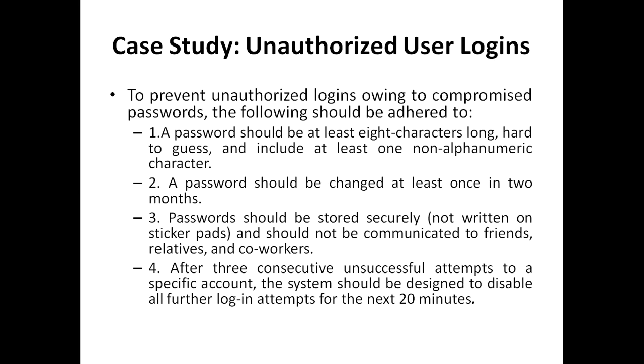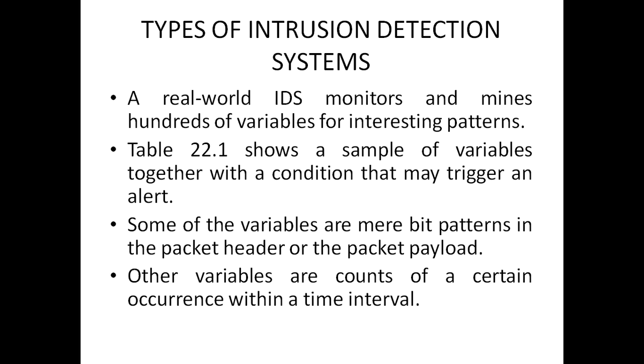If now, after 5 years, the same user were to log in at 4 AM, the IDS should raise an alert. So these are the preventive measures you can take, and you can raise an alarm or an alert.